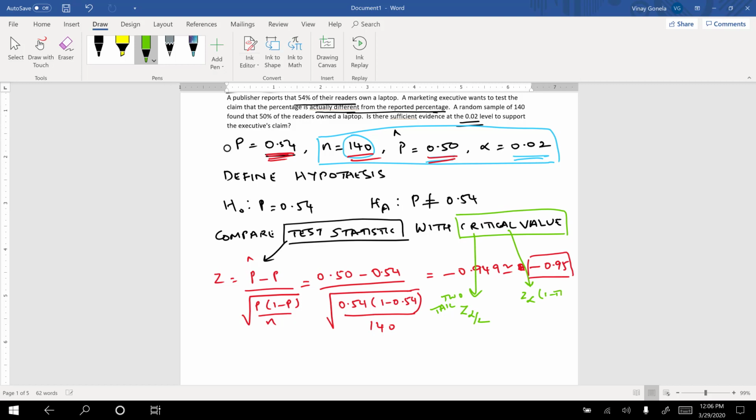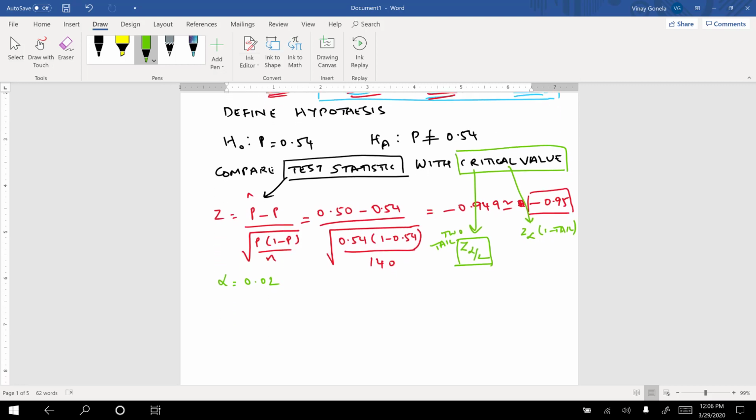Since this is a two-tail problem, we will be using z alpha over 2. That means both sides of a normal distribution curve. They gave us an alpha value which is 0.02. The other way of saying this is a 98% confidence interval.